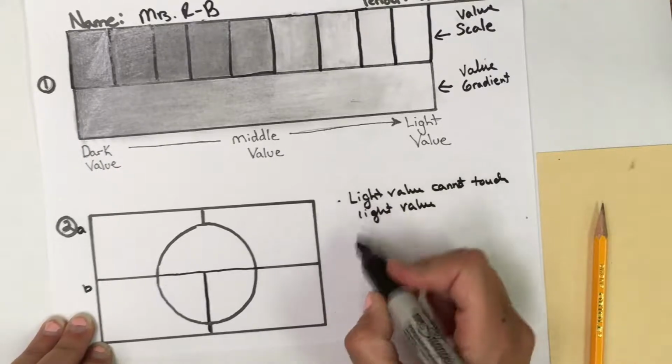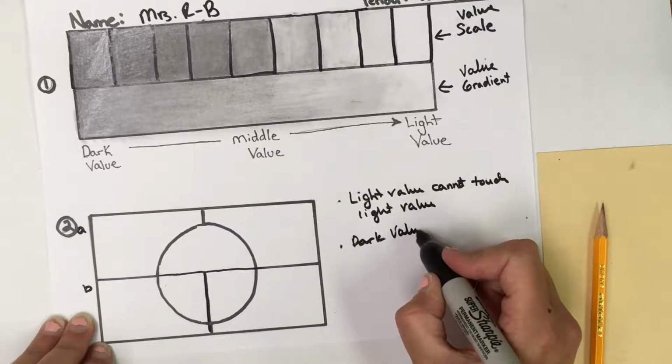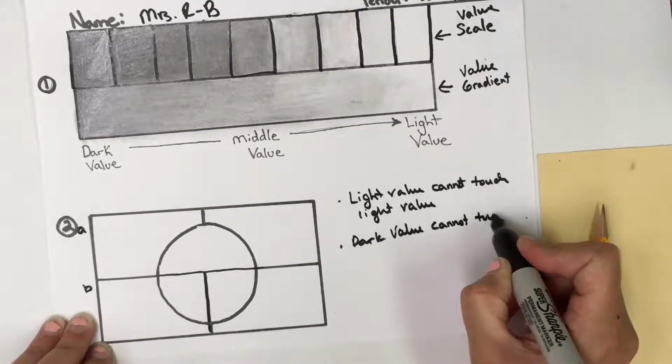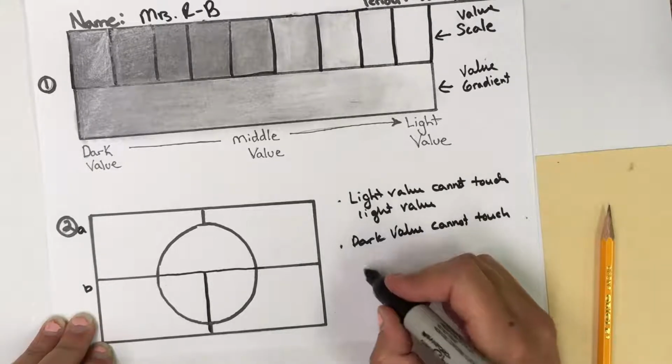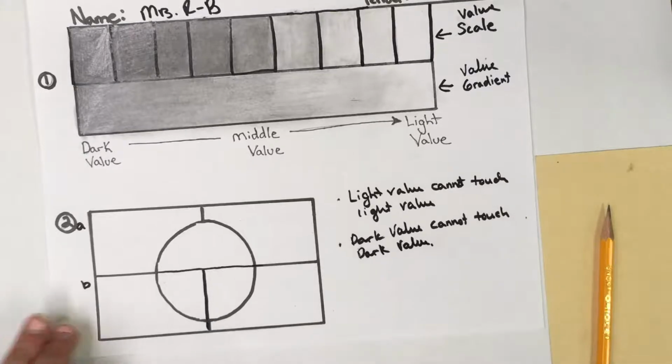And the second part is a dark value cannot touch dark value.